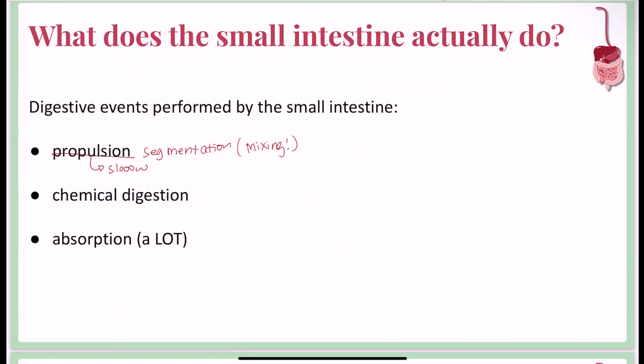A lot of chemical digestion also happens here. Remember that the stomach did some, but the small intestine kind of tries to finish the job. There's lots of enzymes that aid in this, and most enzymes come from accessory organs, especially the liver and the pancreas.